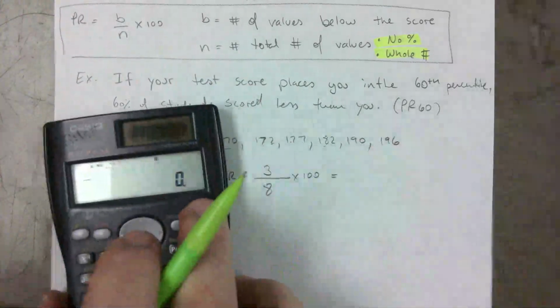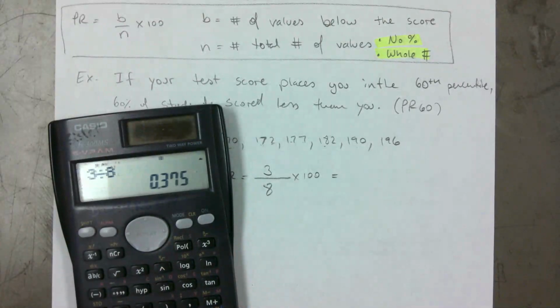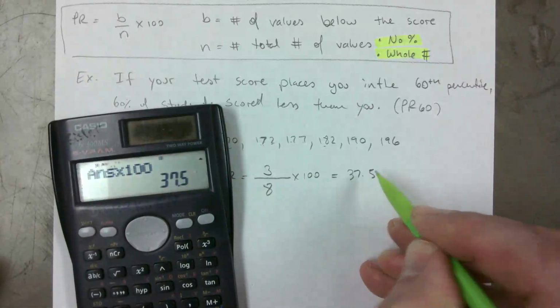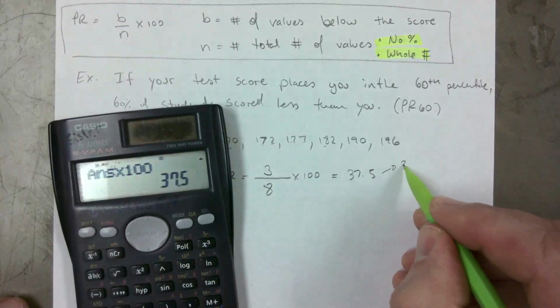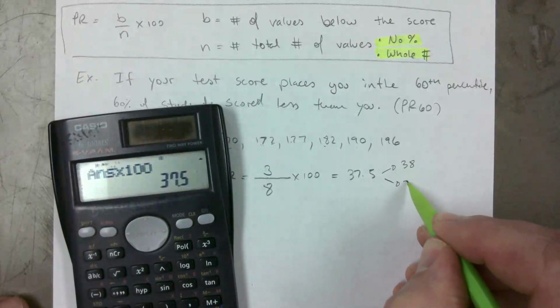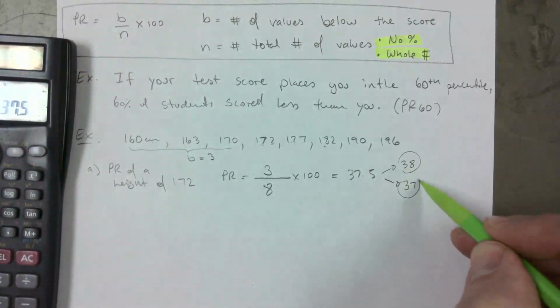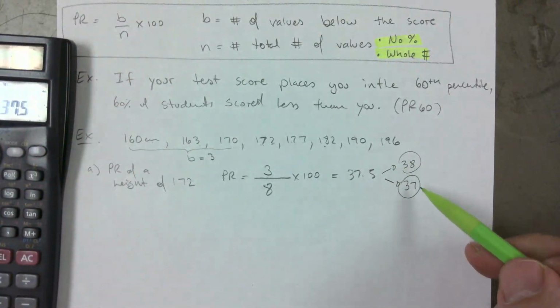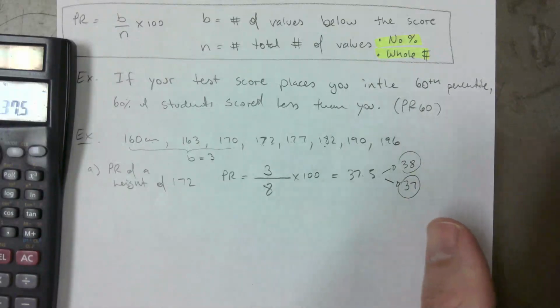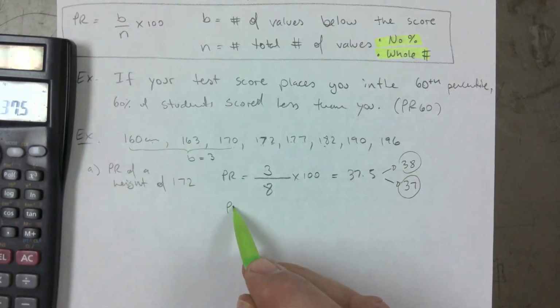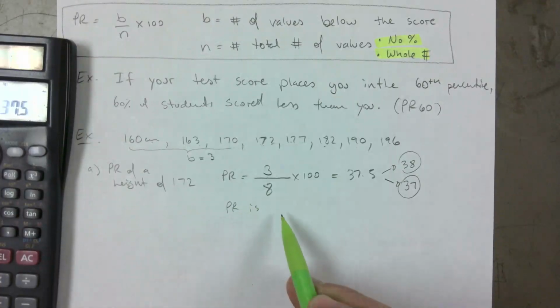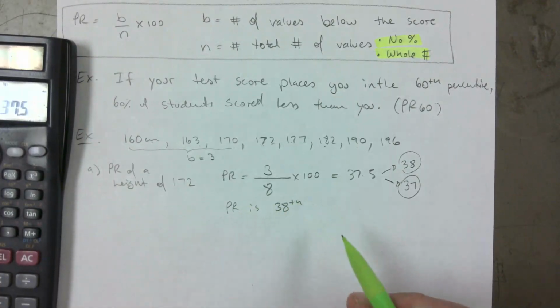So we just go 3 divided by 8 times 100, and here it is, 37.5. You can't have that. So you got to either go 38 or 37. Don't do both, right? You decide which one. No percentage, nothing. So PR is 38th percentile.